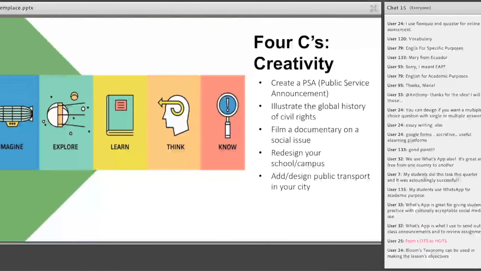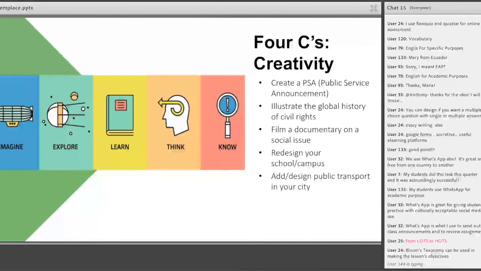There's tons of other things we can do in the classroom that build their language skills, communication, collaboration, and critical thinking skills, but also help foster their creativity and really speak to this generation that is constantly publishing and pushing content out into the digital world. So creating public service announcements.